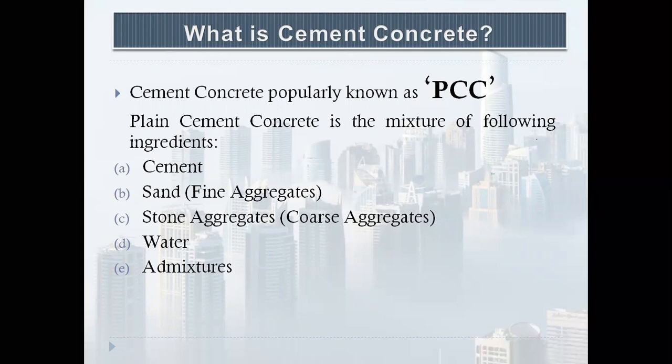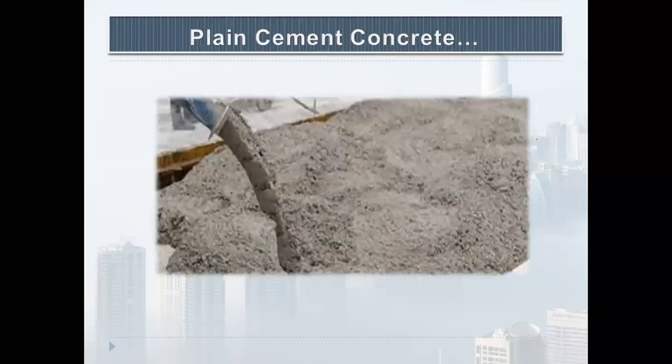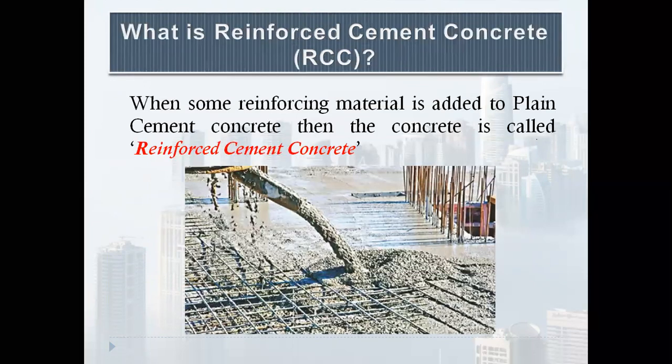Fine is sand and coarse is stone aggregate, or bajri, right? So this is the example of plain cement concrete. The simple cement concrete with the bajri that we use, that is PCC. Next, what is RCC? RCC is the concrete when some reinforcing material is added to PCC.